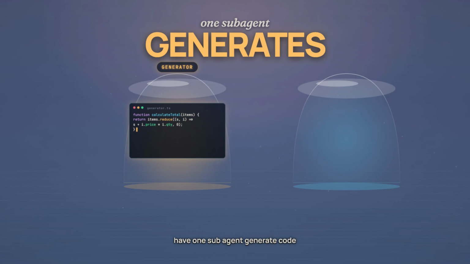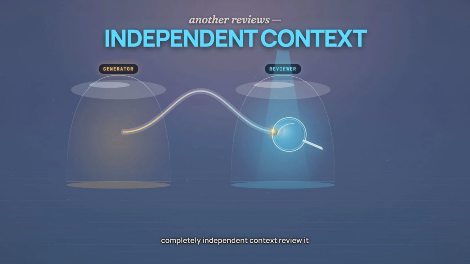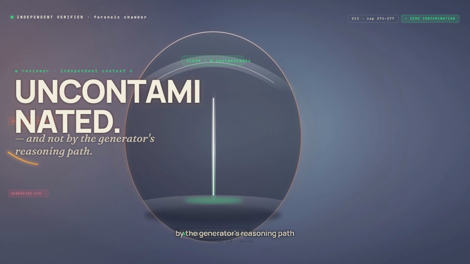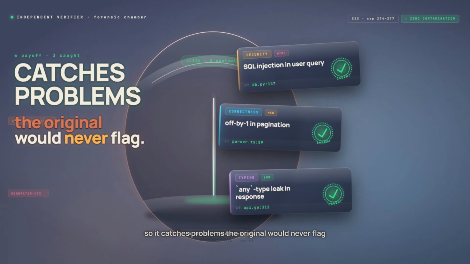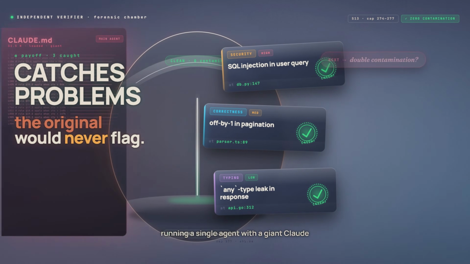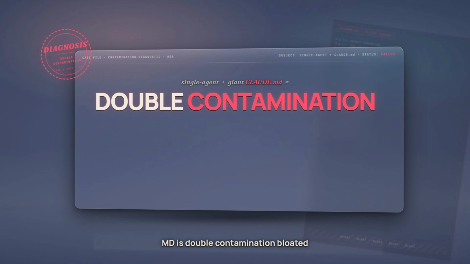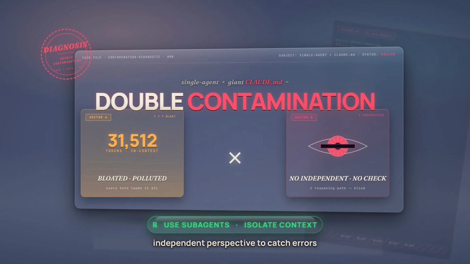Have one subagent generate code. Have a separate subagent with a completely independent context review it. The reviewer hasn't been contaminated by the generator's reasoning path, so it catches problems the original would never flag. Running a single agent with a giant Claude.md is double contamination. Bloated, polluted context with no independent perspective to catch errors.